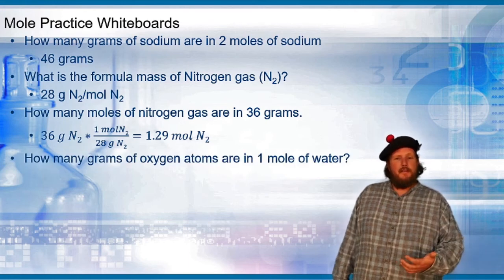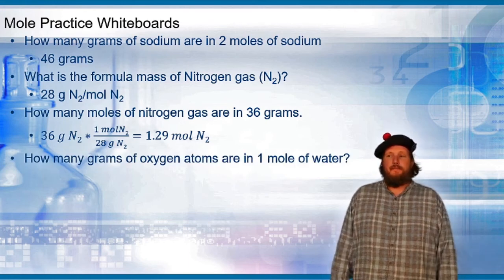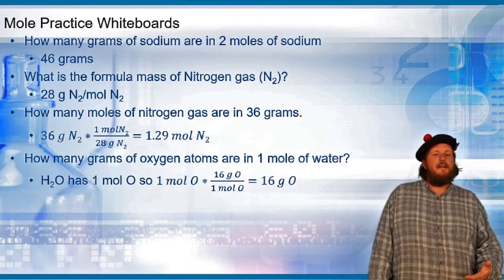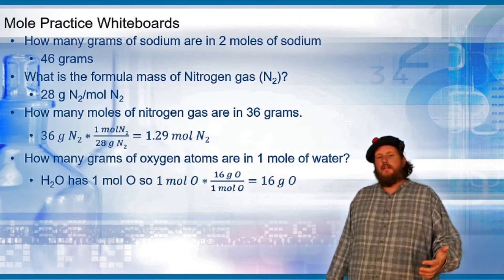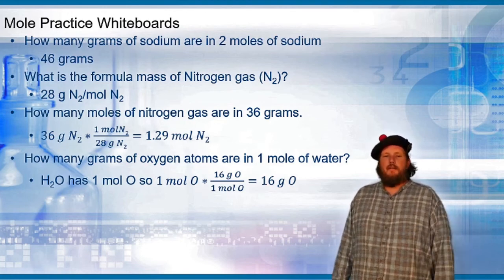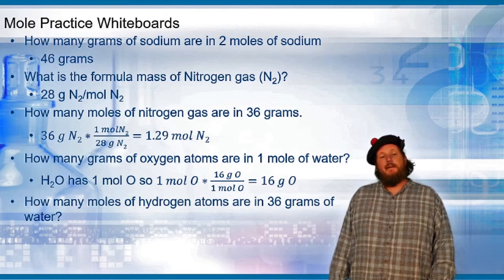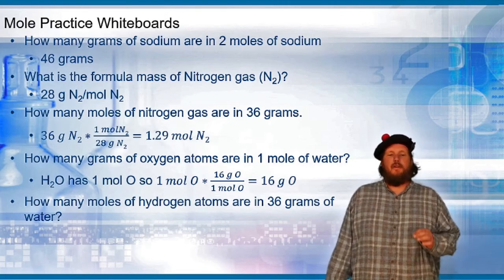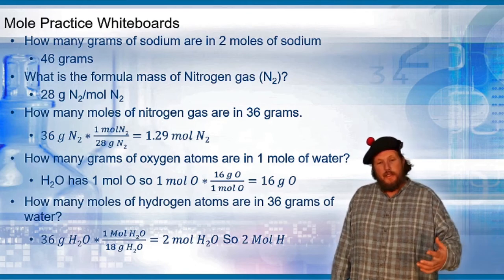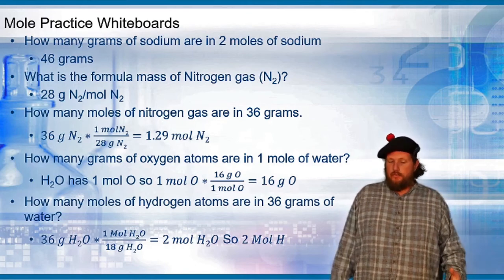How many grams of oxygen are in a mole of water? So to go through this, water has 1 mole of oxygen. So 1 mole of oxygen times 16 grams per mole is 16 grams of oxygen. How many moles of hydrogen atoms are in 36 grams of water? So we start with 36 grams of water, figure out how many moles of water that is.